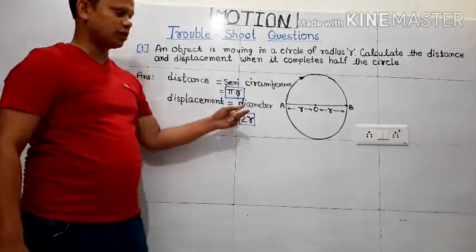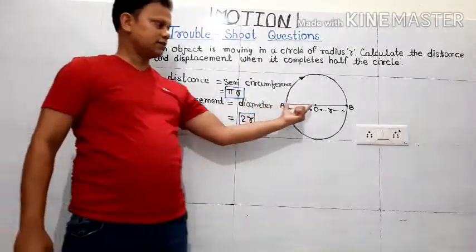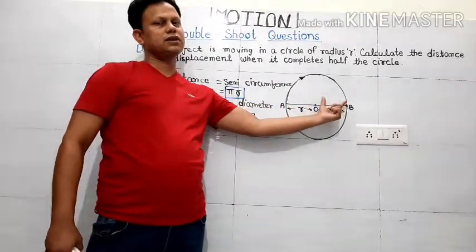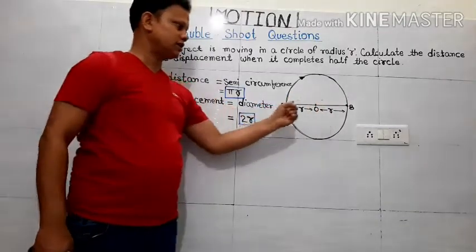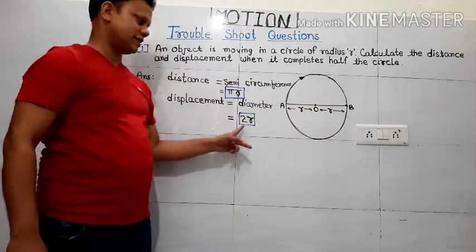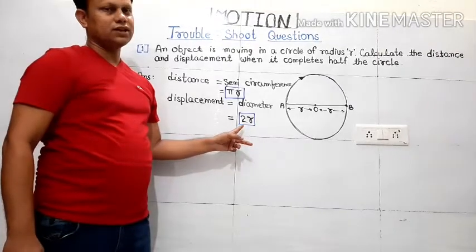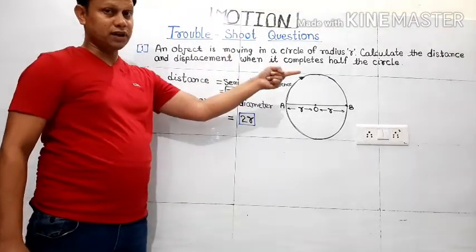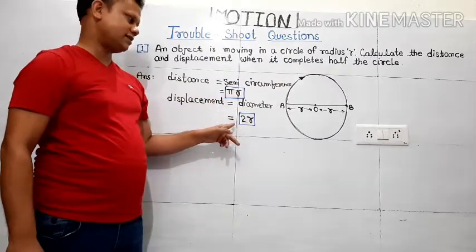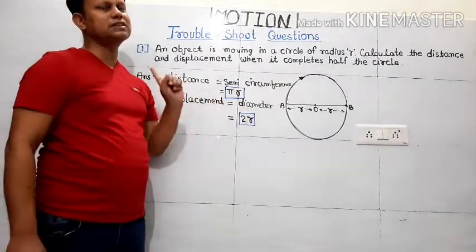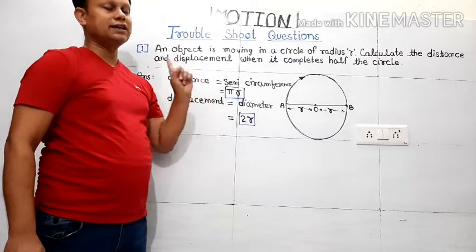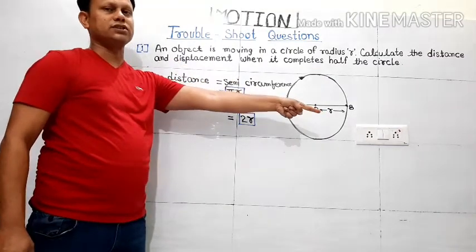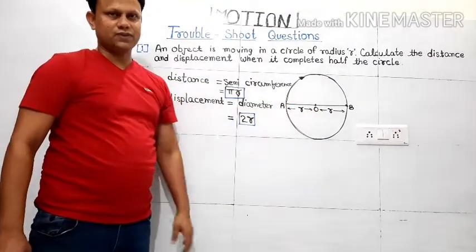So according to the diameter, we can take this radius plus this radius, and finally what we'll get? The total length r plus r, that is 2r. So distance is pi r because it's moving on a semicircular path, and displacement is 2r because the object is standing diametrically opposite. So that will be 2r. Okay.